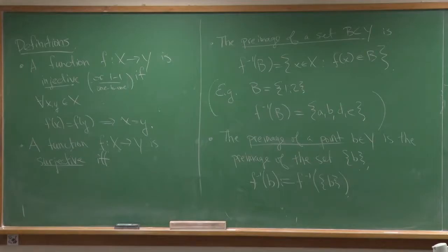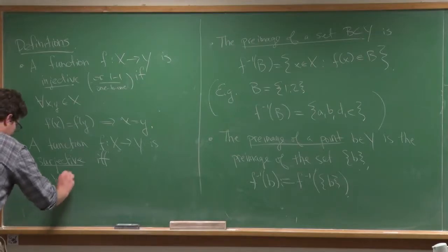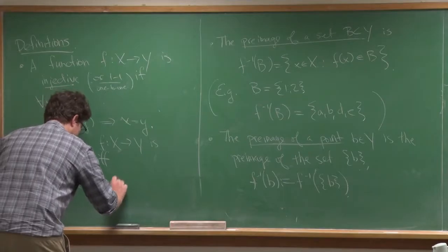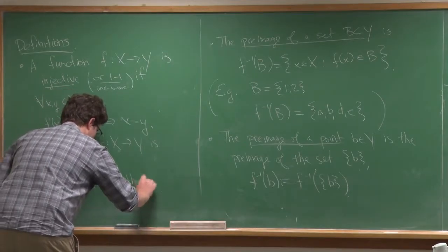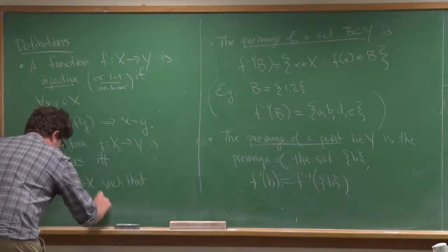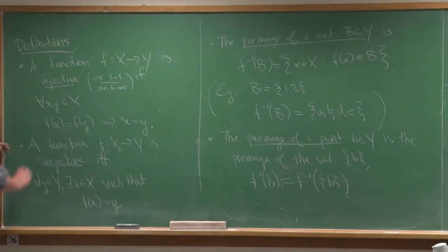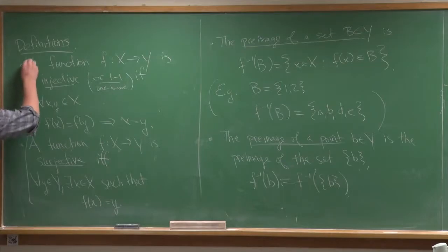So a function is surjective if and only if for all y in Y, there exists an x in X such that f of x is equal to y. So this is saying that every point gets hit. And this is saying that no two points hit the same thing.